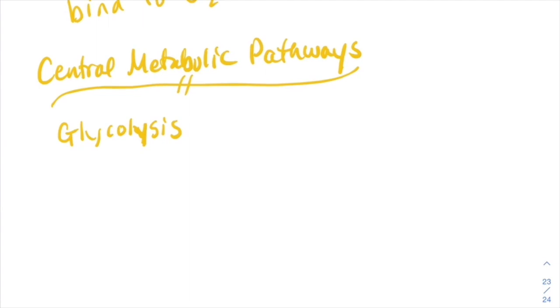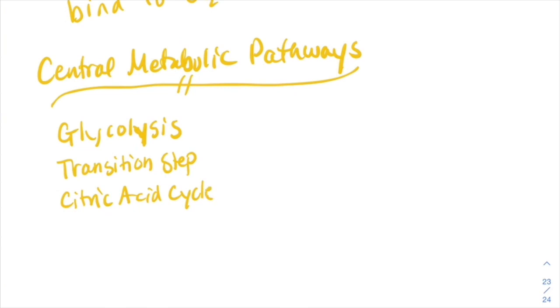Then there's a process called the transition step. And the next one is called the citric acid cycle. And then the final process is called electron transport.